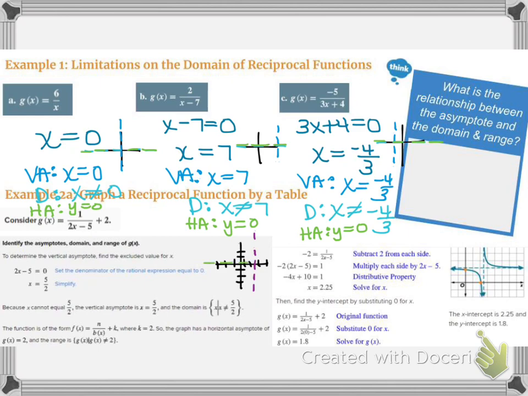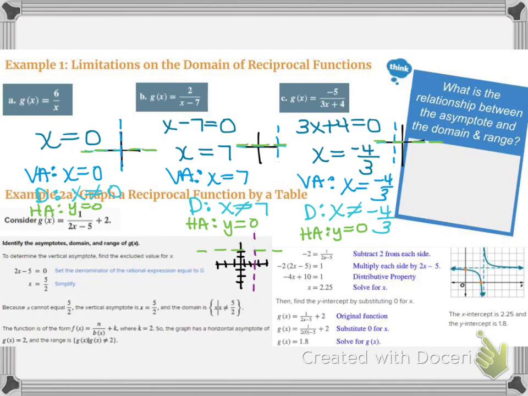Because a normal asymptote starts on the x-axis, if I'm going to shift this thing, then that asymptote is going to shift up 2. So instead, I'm going to draw that horizontal asymptote through my 2. Since that number is 2, my horizontal asymptote is now at 2, and my range is all real numbers except 2.